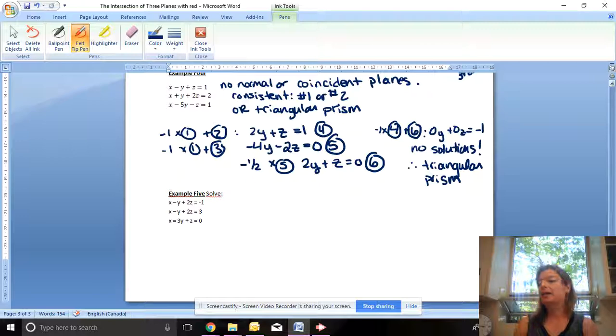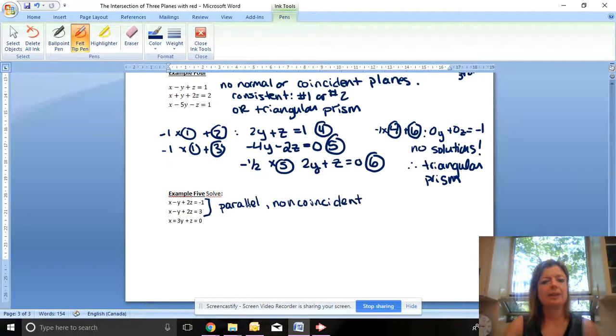Other than that, really, it's about looking at if there are parallel or coincident planes, and then using your noggin to figure out which one it is. So for instance, in this case, notice here that these guys are parallel, not coincident.